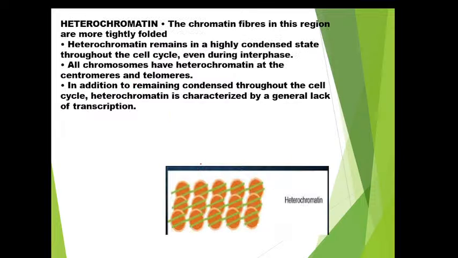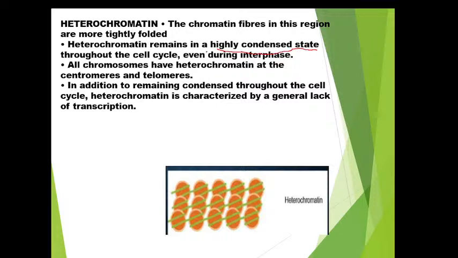Now, heterochromatin. See the difference? In the heterochromatic condition, it is tightly packed. The chromatin is so close to each other and there is no loose chromatin, or the chromatin is not exposed for transcription. In the heterochromatic condition, the chromatin remains in a highly condensed state. It is not loose.